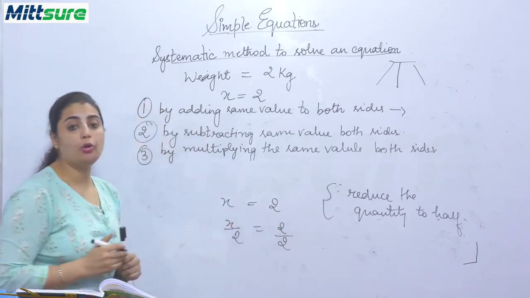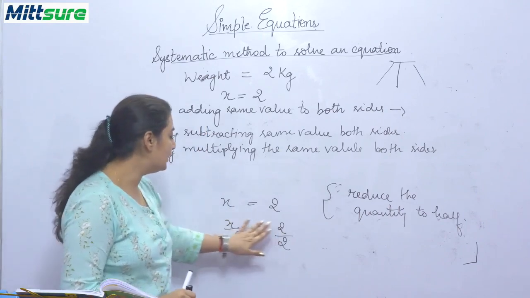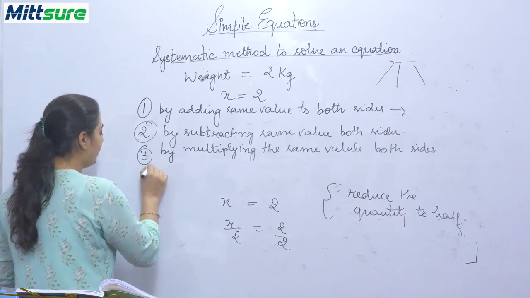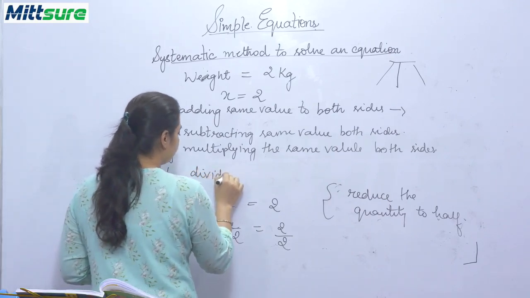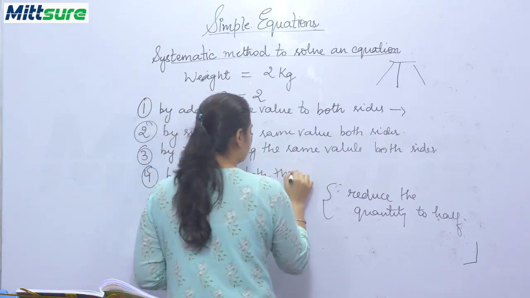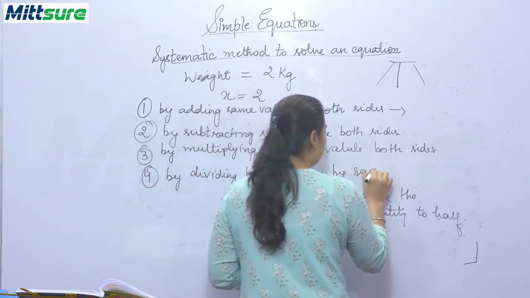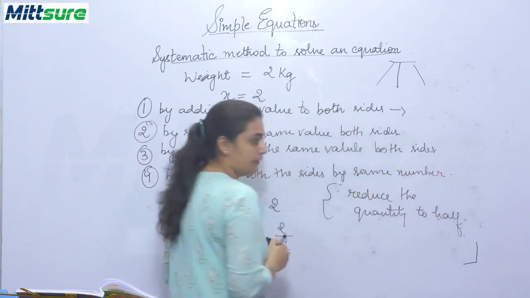For reducing the quantity to half, what am I supposed to do? I will divide both the sides by 2. So the next inference that I have drawn here is by dividing both the sides by the same number or same value, right?